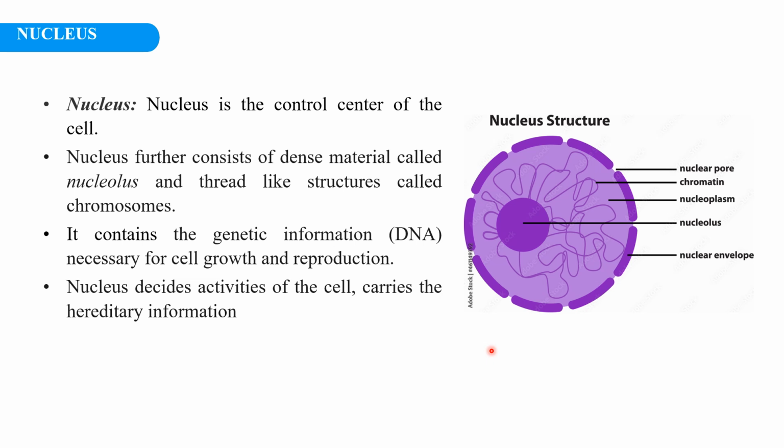So that is DNA, deoxyribonucleic acid. This nucleus decides the activities of a cell, which carries the hereditary information. As it decides the activities of the cell, it is called the mastermind of a cell. This is a diagram of nucleus.